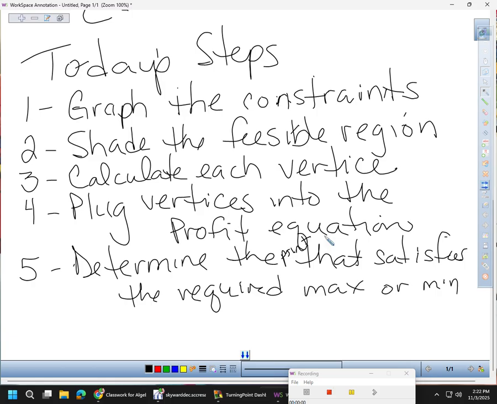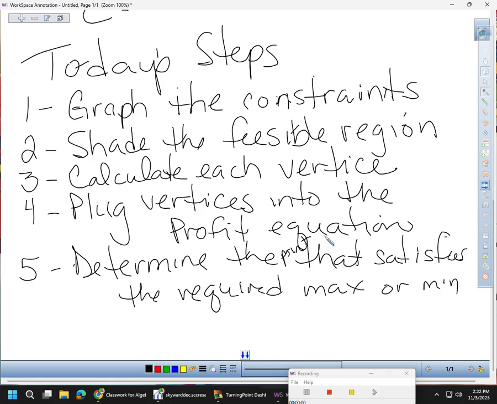Okay, so, yes. Graph the constraints. That's graphing the inequalities we've been doing for over a week, right? Because when we graph things, we're not precise. We have a general idea where they are, but we're not precise. We have to calculate that so we know exactly where it is.